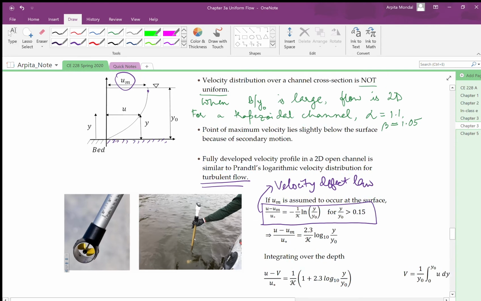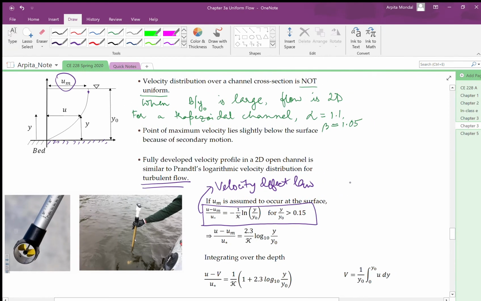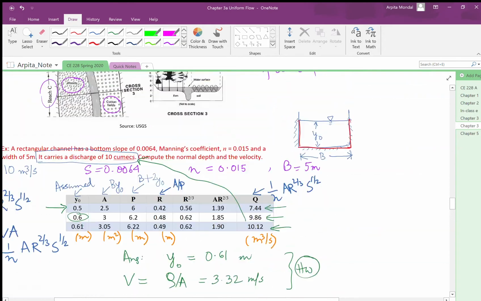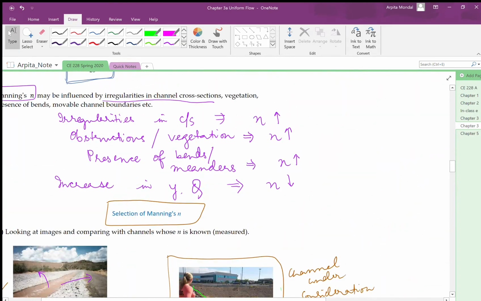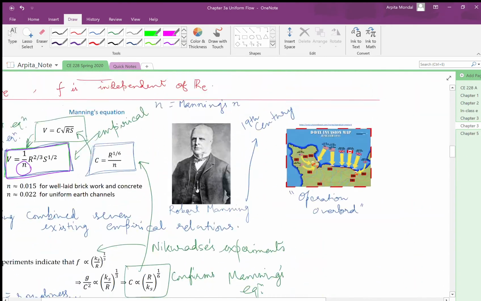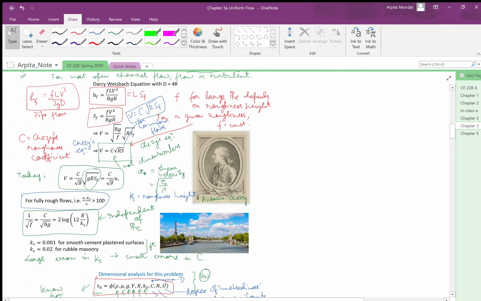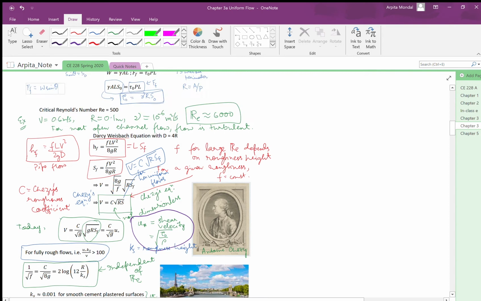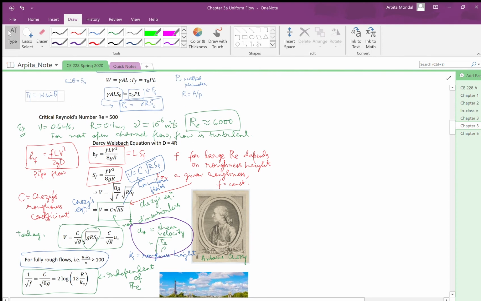And here u star, as we had noted earlier in case of Chezy's equation, u star here is the shear velocity, and so u star, the shear velocity, is given by shear stress divided by the density.